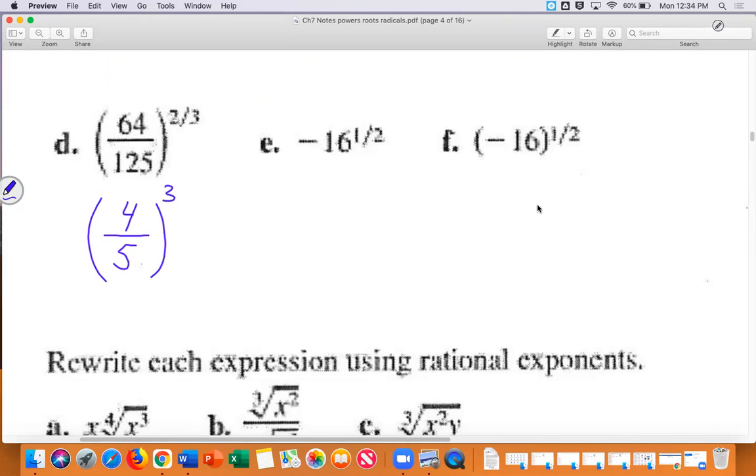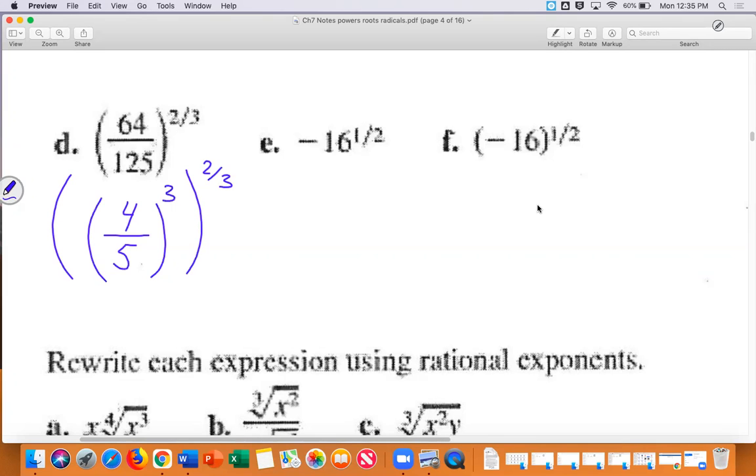What times what gives me 64? You could think 8 times 8 and write it that way. Or you can see that 64 is 4 times 4 times 4, and 125 is 5 times 5 times 5. So 64 over 125 can be written as 4/5 to the third, and that whole thing is to the 2/3.